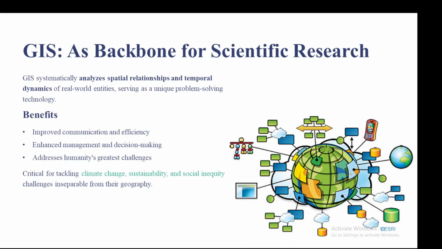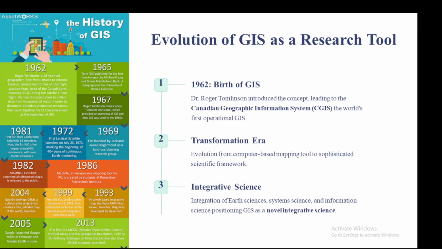Now, GIS did not always look like this, right? In the early years, it was used mainly for digital mapping, essentially replacing paper maps with digital ones. But today, GIS has evolved into something far more powerful.